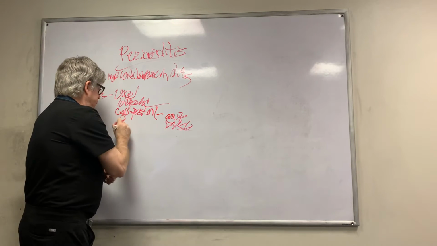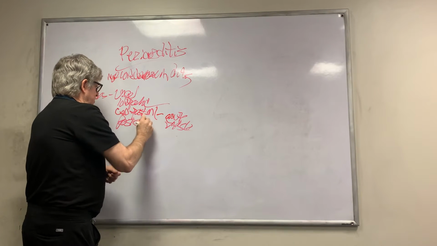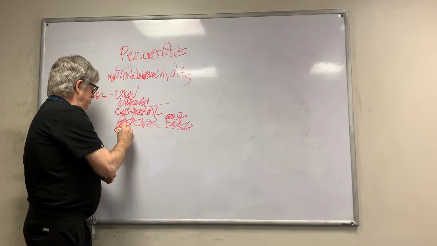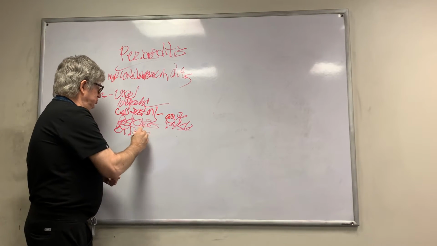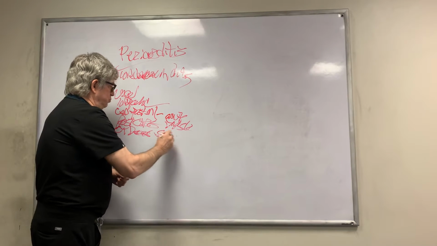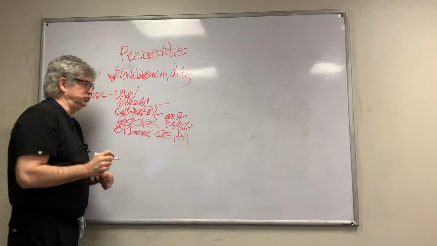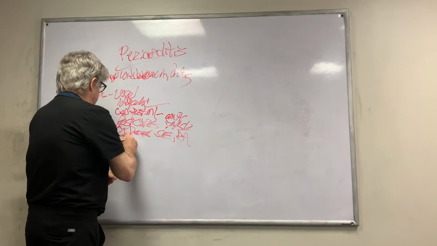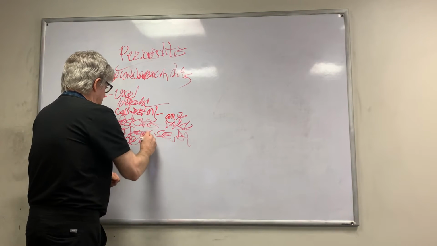You can see it post-CABG, post-bypass surgery. This is not uncommon. With pericarditis, you have to think of connective tissue diseases. The most common one you think of is lupus. You can see it with rheumatoid arthritis and other connective tissue diseases. You can see it as part of the spectrum of aortic dissection.